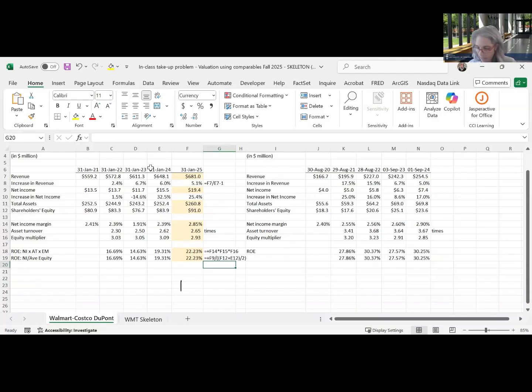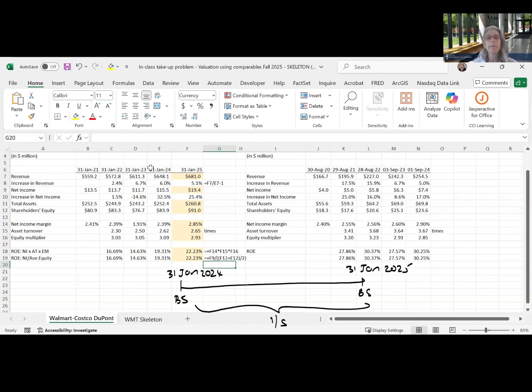If you think of the way this works, for these columns, this is 31st of Jan 2024, and then 31st of Jan 2025. You've got a balance sheet at the beginning of the year, a balance sheet at the end of the year, and the income statement covers the whole year.